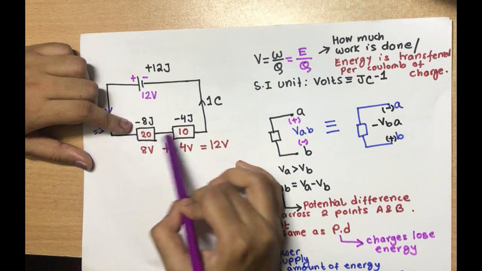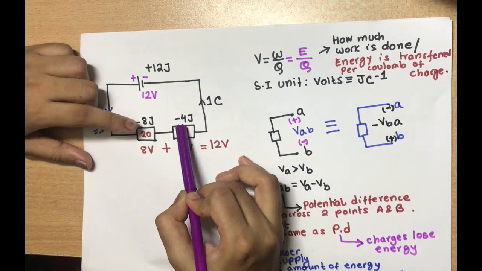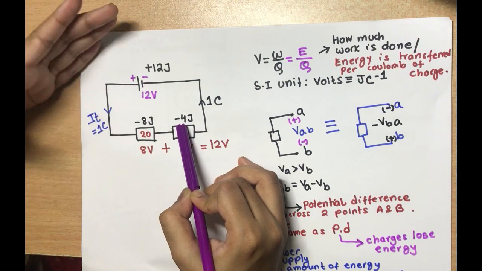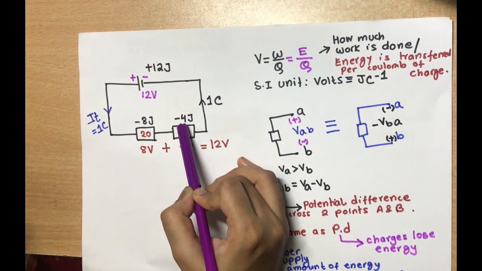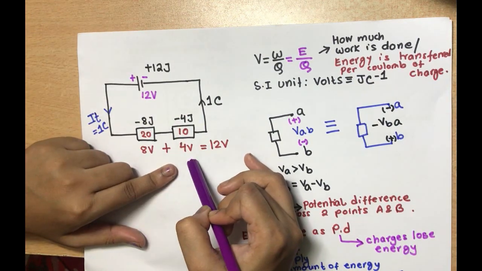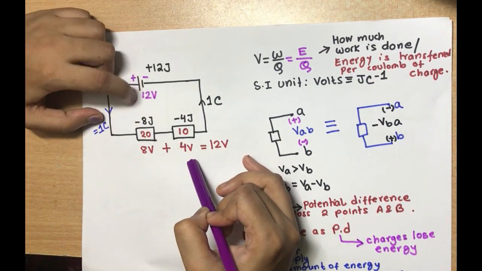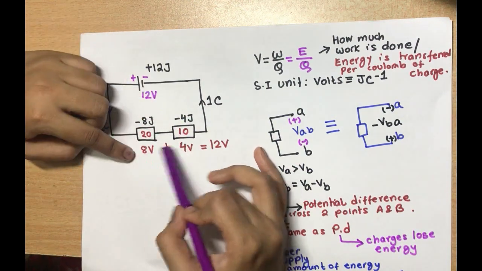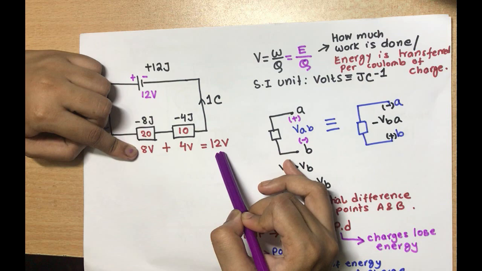When we add these 2 losses, we get 12 joules and the energy supplied was also 12 joules. Similarly, if we consider voltage, voltage rise is equal to voltage drops. For example, the voltage rise here is 12 volt and when we add the voltage drops, it is also 12 volt.